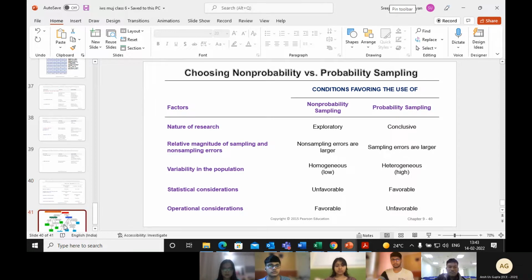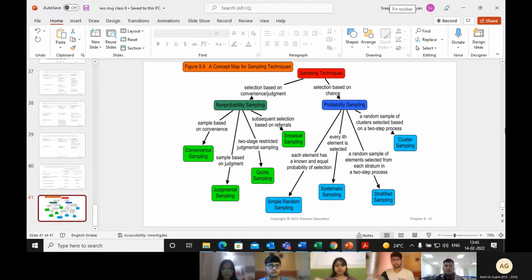So here is a conceptual map of sampling techniques. Basically, this is a revision of whatever we have done. Sampling techniques are of two kinds: probability sampling and non-probability sampling. Probability sampling is selection based on chance or the principles of mathematical probability, whereas non-probability sampling is selection based on convenience or judgment.